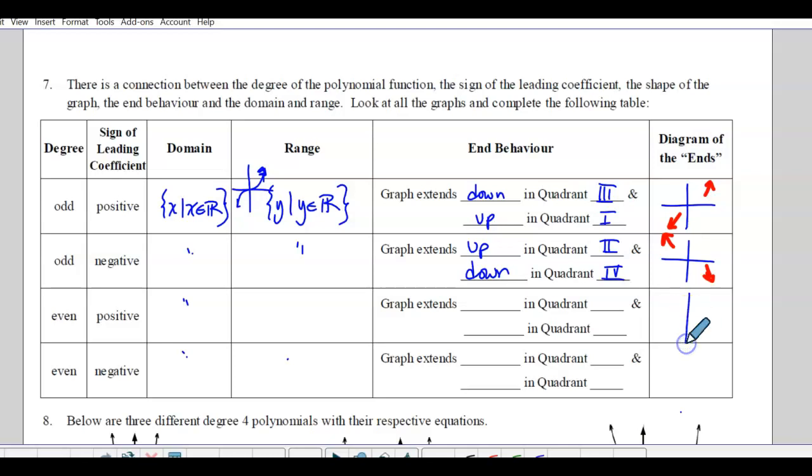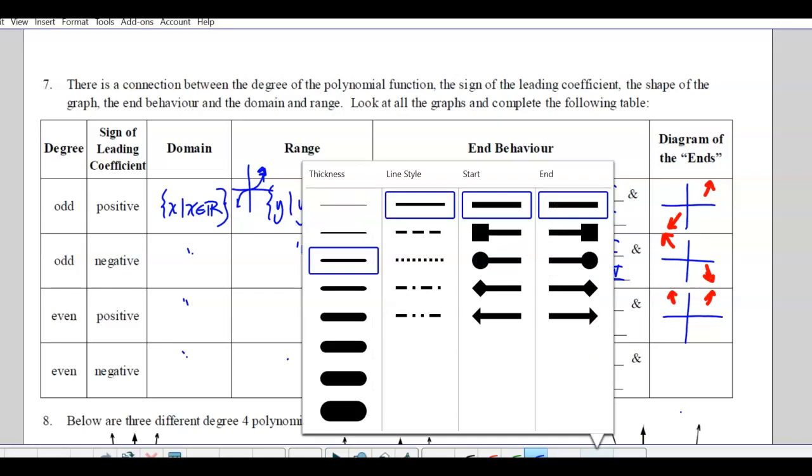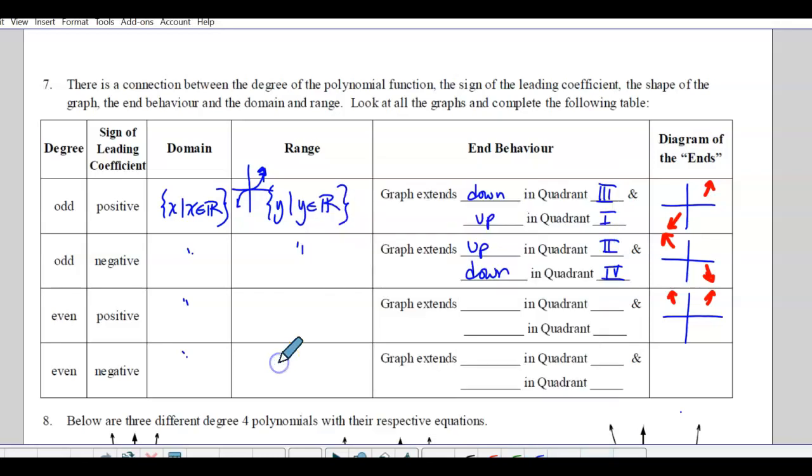Now even with a positive leading coefficient, that's got to end going up here, and it's got to start going up. A parabola with a positive coefficient would just be a U in between there. Could be a higher even, so it might zigzag. So the range then, we don't know the specifics, right?